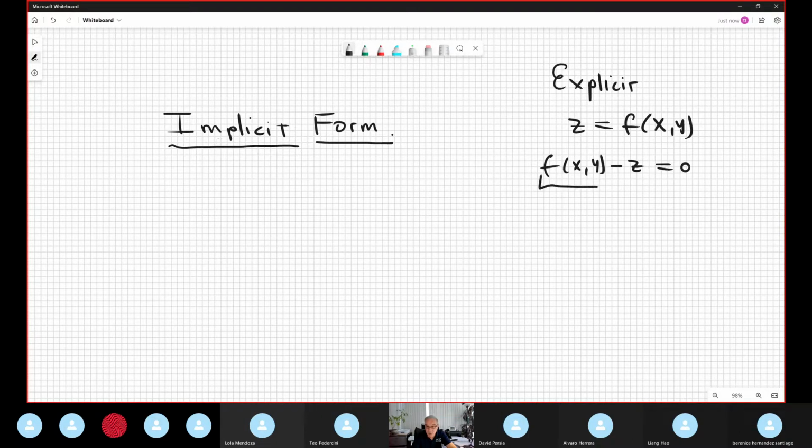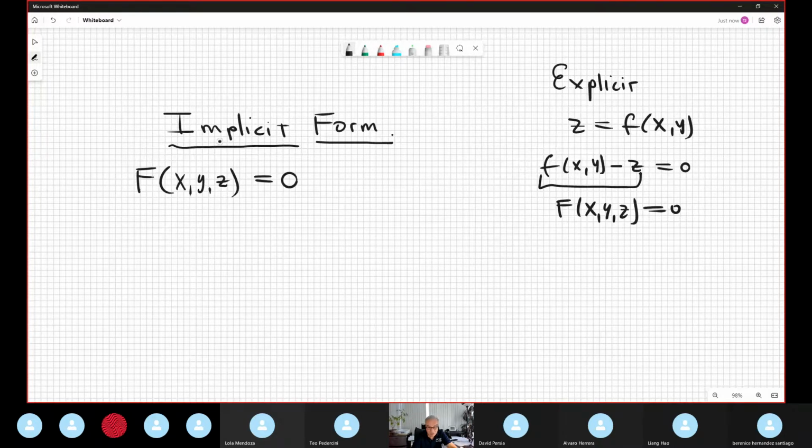And you call this capital F of x comma y comma z equal to 0. And this is the implicit form. So with the implicit form, you start under the supposition that your surface, not the integrand function, the surface, is expressed in implicit form. There are many examples, no? Sphere, well, any surface you know, you can write the equation for the surface in implicit form.